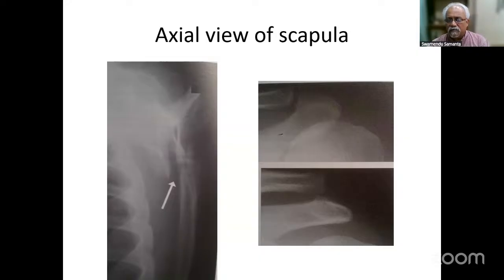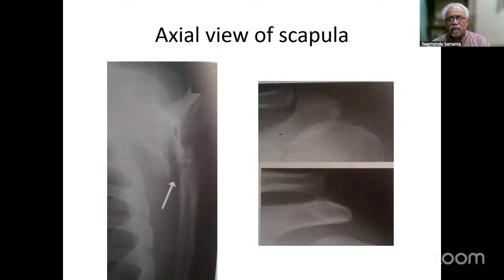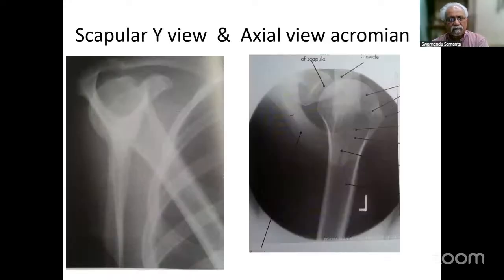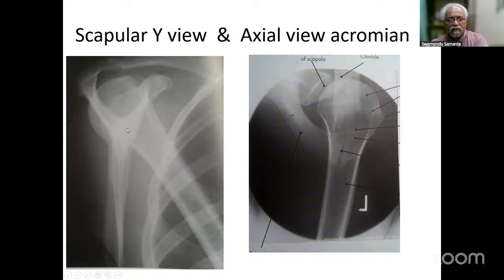Even if the arm is in the arm pouch, you can take the scapular Y view. This is the classic view where the scapula looks like a Y. With this film, you can diagnose whether something has happened to the humeral head, and this is how you can find a dislocation. You don't have to have the classic axillary view to diagnose whether the head has gone to the front or back.